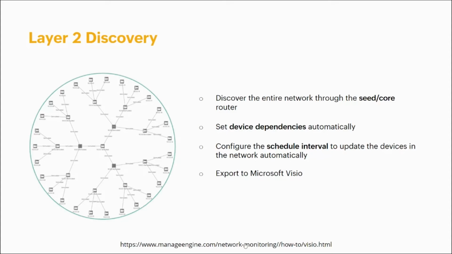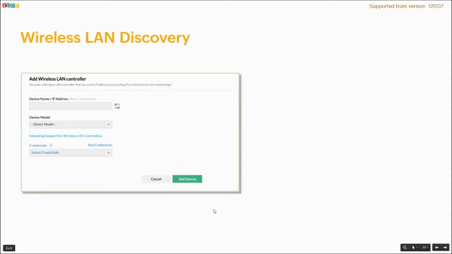The next topic which we are going to see is about wireless LAN discovery. In the wireless LAN discovery, we will have WLCs in our environment, and OpManager provides you an easier way of adding your WLCs to OpManager.